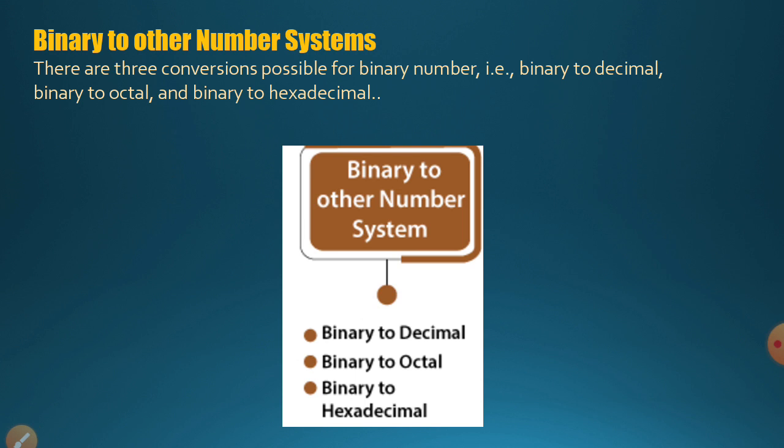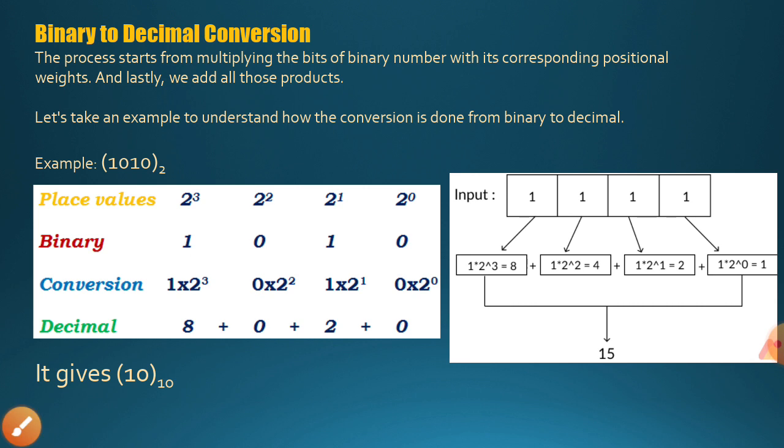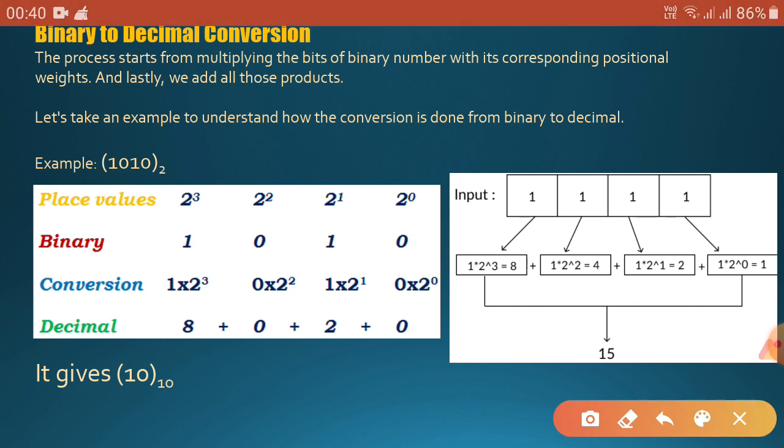At first we are talking about the binary number system and then the conversion between the binary number system and all other number systems. First we are taking the binary to decimal number system conversion.